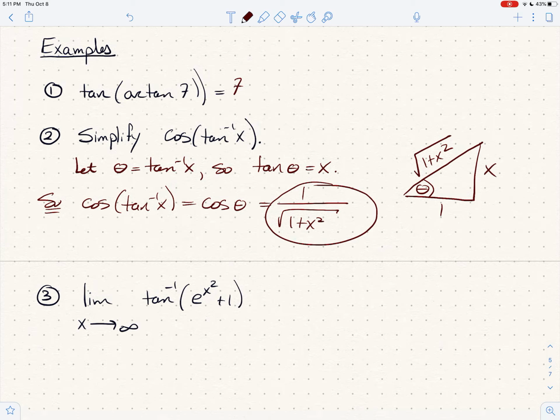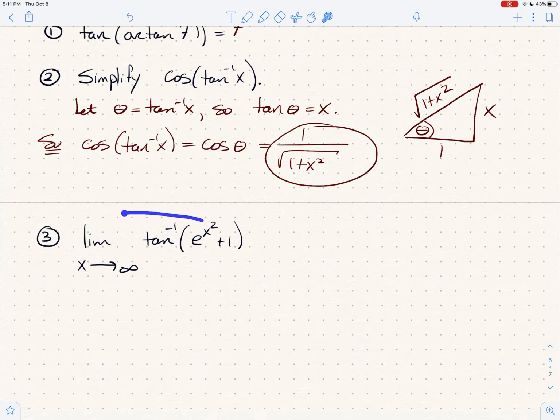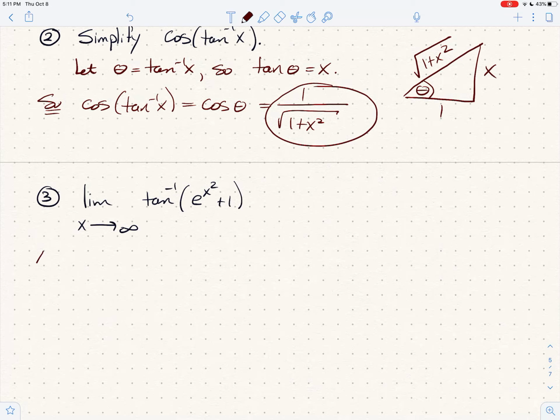All right, next, I want to do a limit example with you. We want to take the limit as x goes to infinity of this function. Now, you could probably just reason through this and write the answer down, but I want to show you how you can actually communicate your work. So let's reason together for just a minute. So we can say as x goes to infinity, I want you to think about what the inside does.